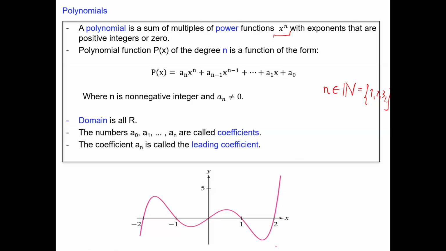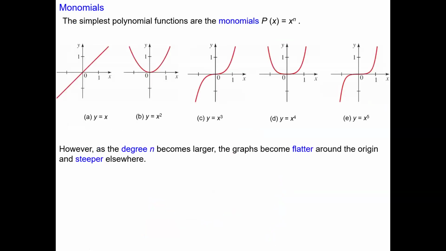And what we need to know is how to actually draw this graph. That's one of the important things. Maybe from the graph we're supposed to get the formula, but let's just get the formula and get the graph. Before we do the big one, let's look at the monomials, the individual power functions, just x to the power of n. It's just called monomials. And then we can see x to the power of 1 is just the linear function.